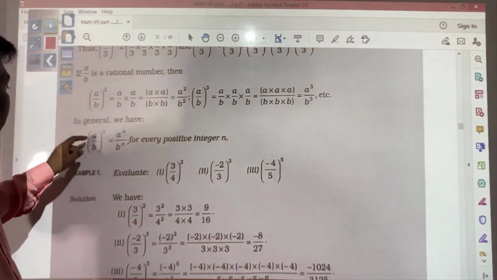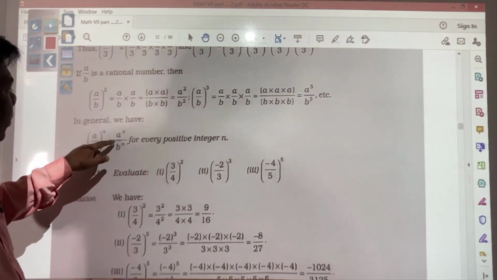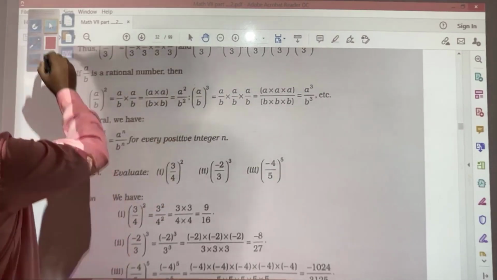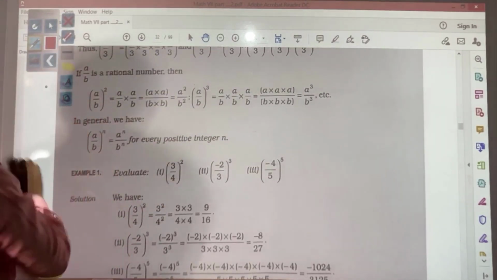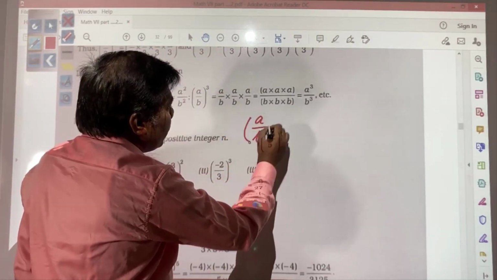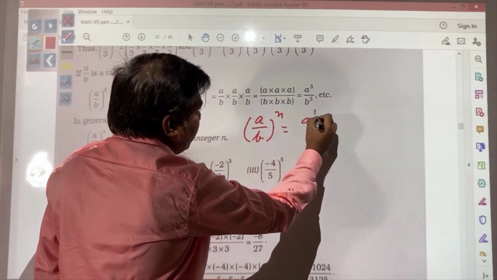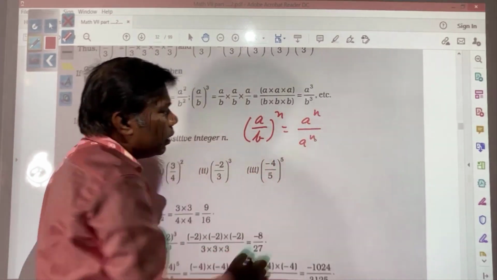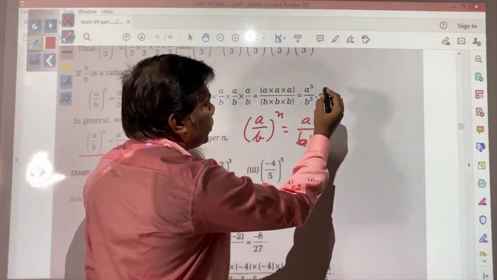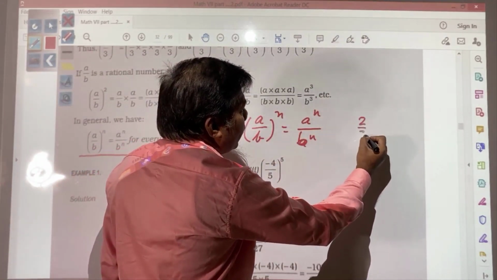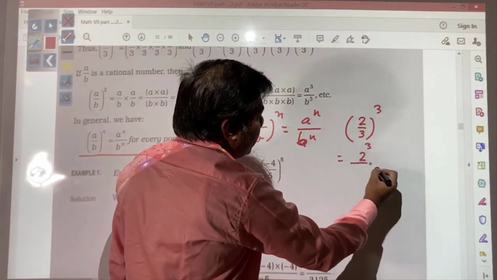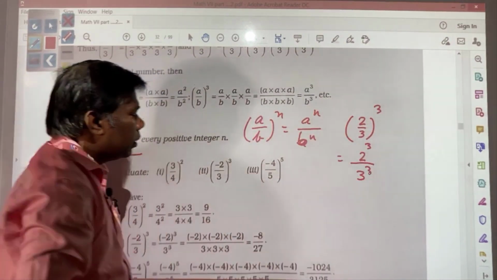In general, we have a by b to the power n is equal to a to the power n divided by b to the power n for every positive integer. Any example you take, suppose we have 2 by 3 to the power 3, it can be written as 2 to the power 3 divided by 3 to the power 3.